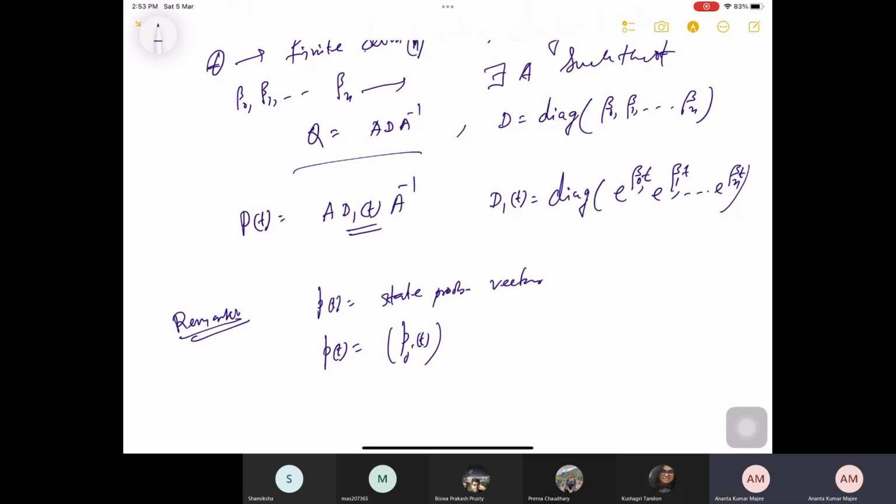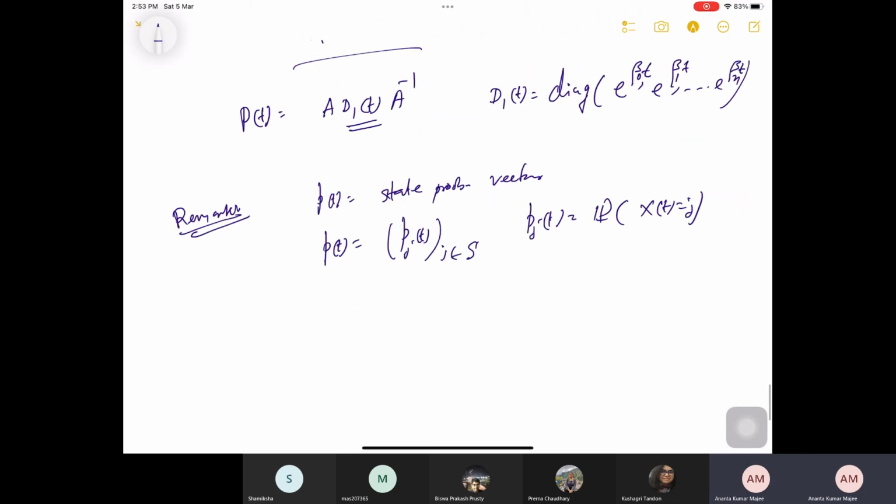Okay, this is a vector P1 of t, P2 of t, and so on, depending on your j from your S. Where Pj of t is the probability that, as I already defined, X of t is equal to j. So already you know that the summation over j of Pj of t is equal to 1, and so on, is it not?